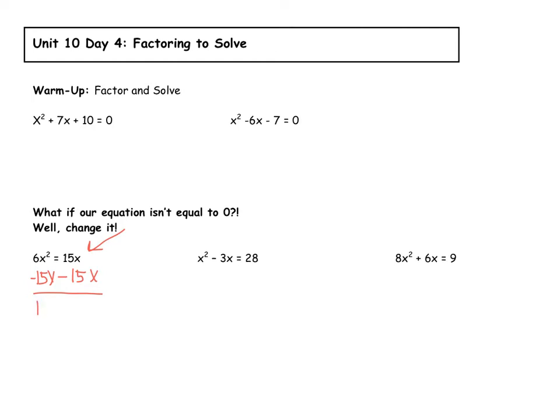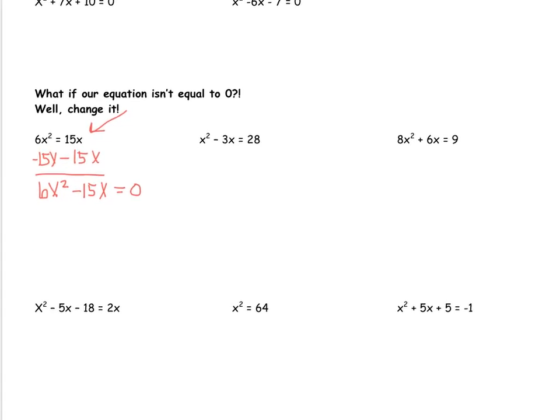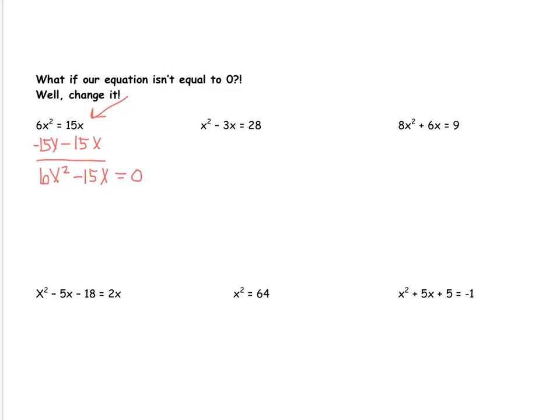So I have 6x squared minus 15x equals 0. Now I can't combine 15x and 6x squared because they are not like terms. They do not have the exact same variable part, so I have to leave it just as it is.